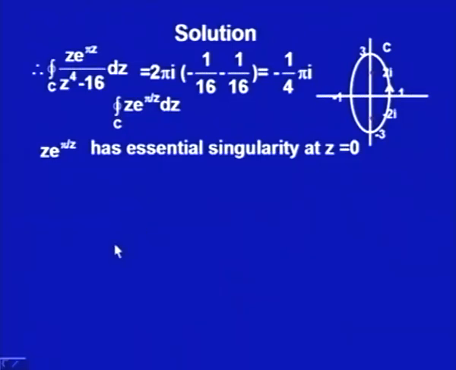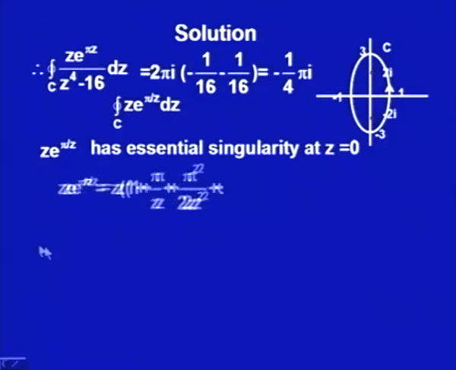For an essential singularity, that formula is for poles only. For the essential singularity we have to move to the Laurent series. For this kind of function, writing the Maclaurin expansion of e to the power x makes it much easier to get the Laurent series expansion.